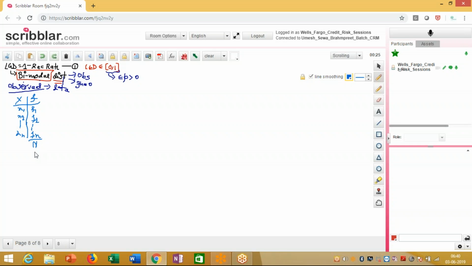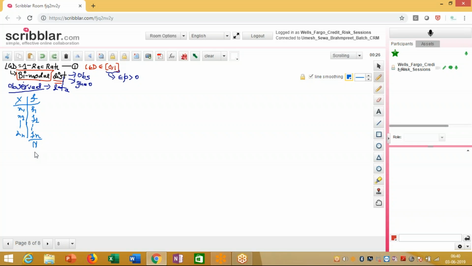To have any idea, I should be in a position to compare between the values. I must know that x1 as a value is more likely to occur than x2, and x2 is more likely to occur than x3, and so on. So I need a relative comparison of all the values, and this is where the concept of relative frequency comes in.